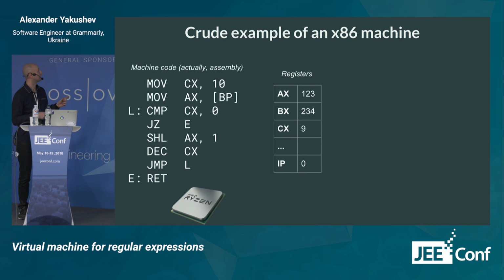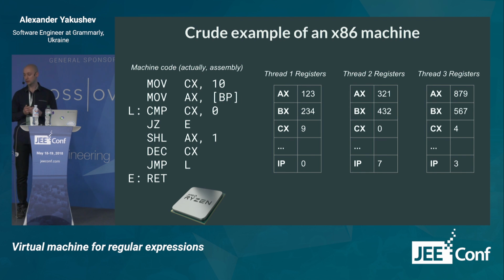Yeah, and some of the instructions can actually change this instruction pointer. So this is how jumps and conditional jumps are implemented. So whatever you write in high-level languages will eventually compile into this in some sort. Let's make it a little bit more complicated. So we have multi-process operating systems right now and multi-core CPUs.